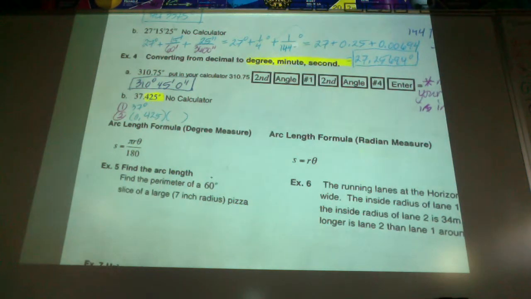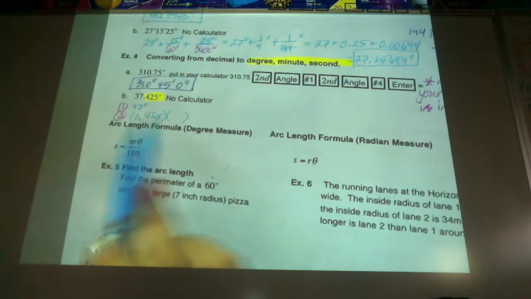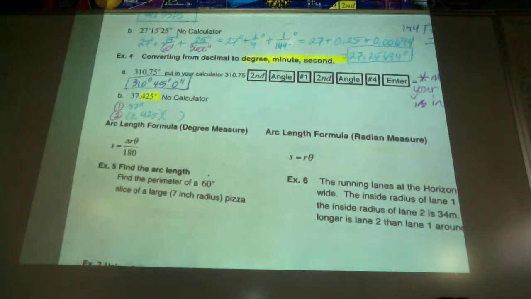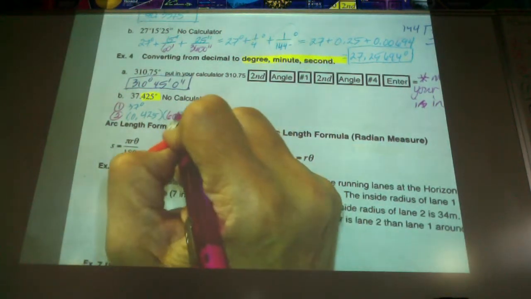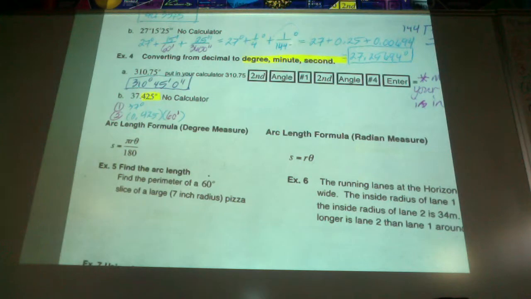How many minutes are in 1 degree? Because I want to know what portion of a whole degree in minutes that is. 60. So I'm going to multiply that by 60, and that's in minutes. So you can multiply that out.